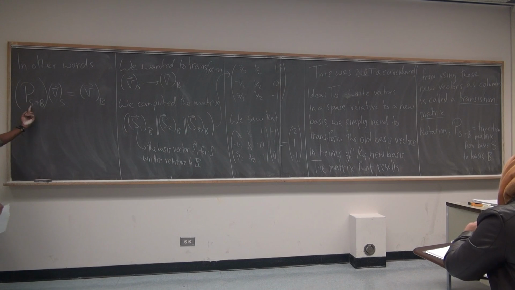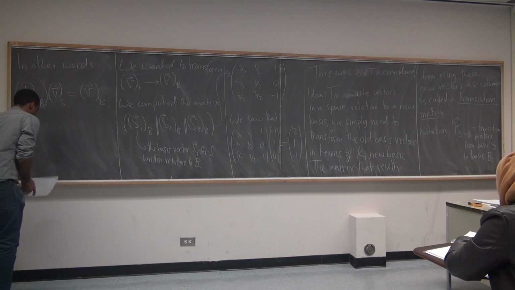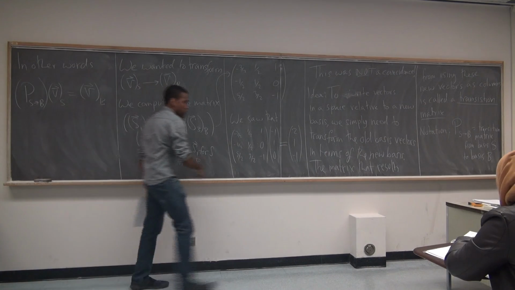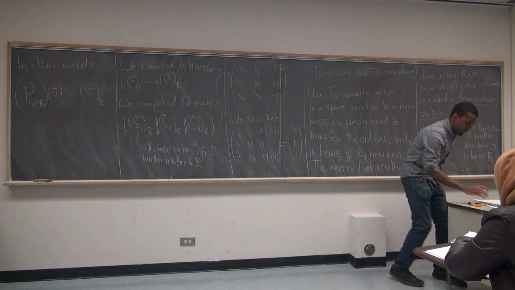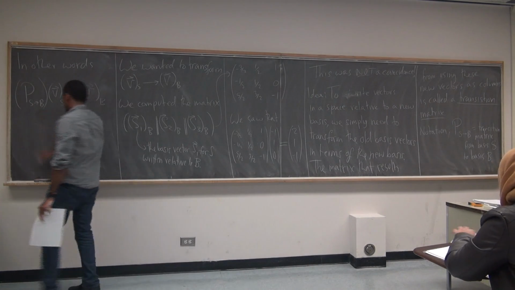So this is a matrix that goes from S to B. If I form that matrix, which basically comes from taking the basis vectors of S, finding their coordinate vectors relative to B, and throwing them in a matrix as columns, then I can take any vector in S, multiply by this guy, and I would get the corresponding vector in B. So I can literally transition from any basis to any other basis in theory by finding this matrix.